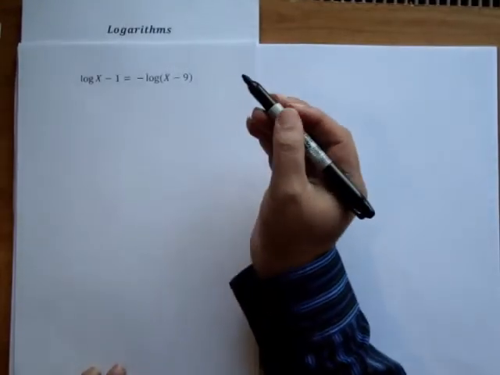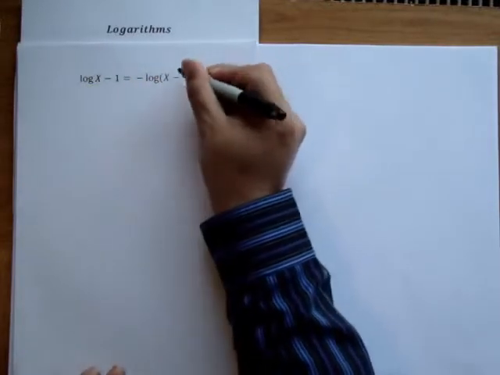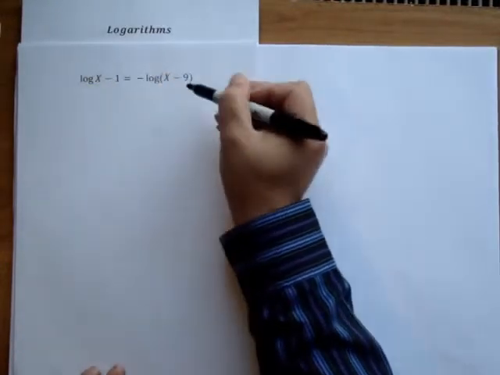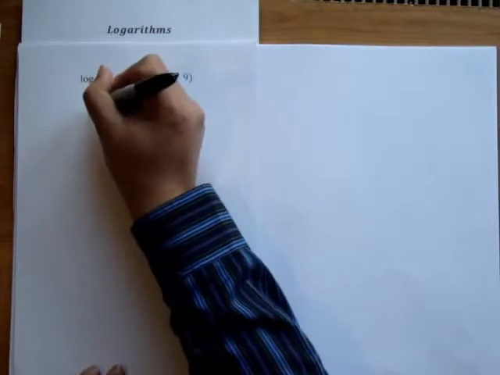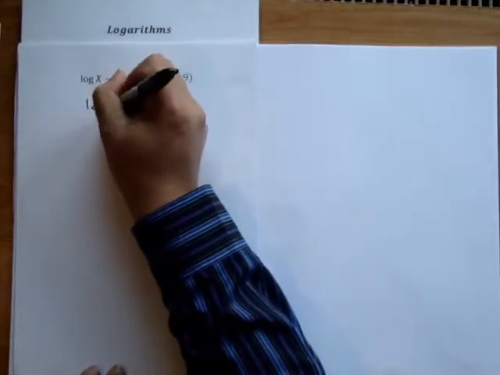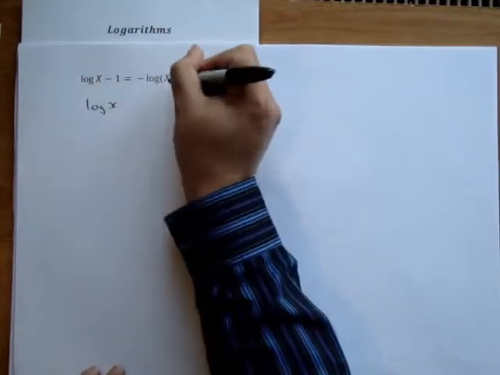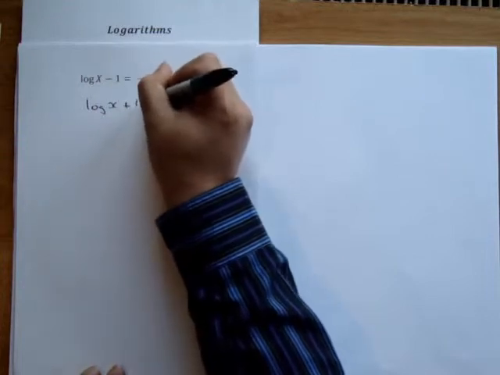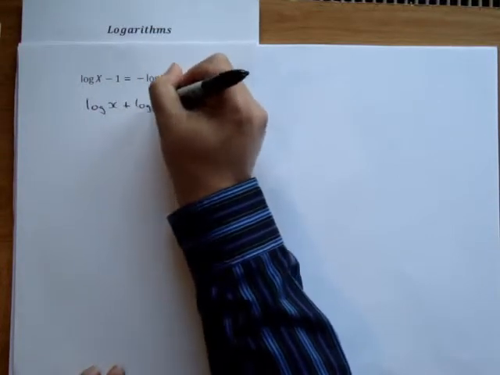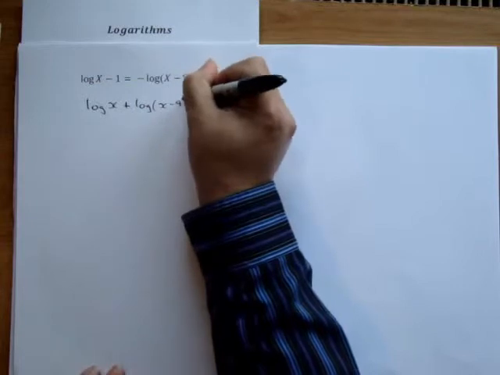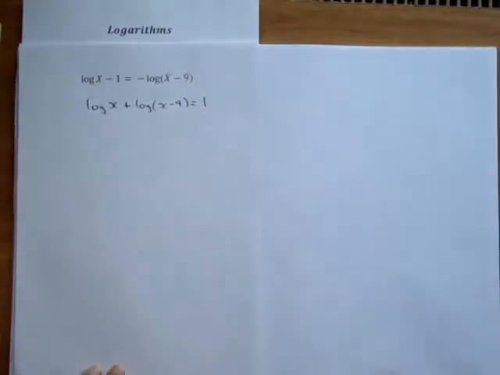First of all, let's combine our logs. So we take this to this side and bring the minus 1 to the other side. So this becomes log x plus log of x minus 9 equals 1.